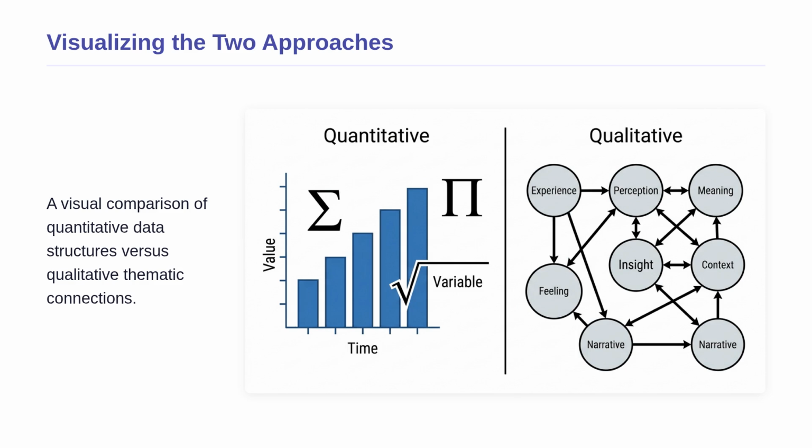On the right side, the qualitative approach is shown as a complex web of interconnected thoughts. The nodes are labeled with words like experience, context, and feeling. This perfectly illustrates how qualitative research maps out the messy, interconnected reality of human emotions and motivations that a simple bar chart cannot capture.